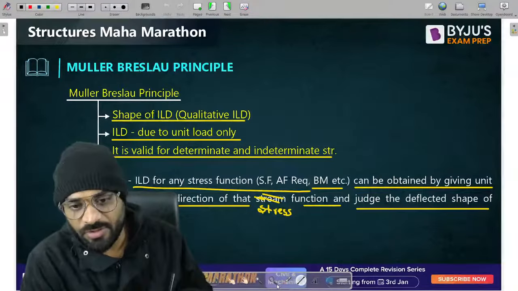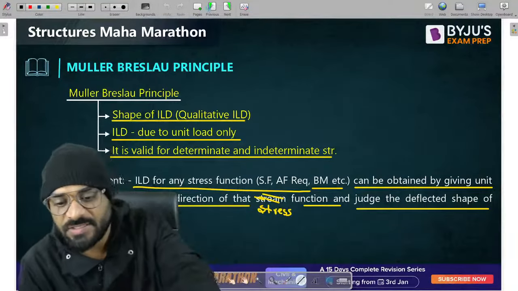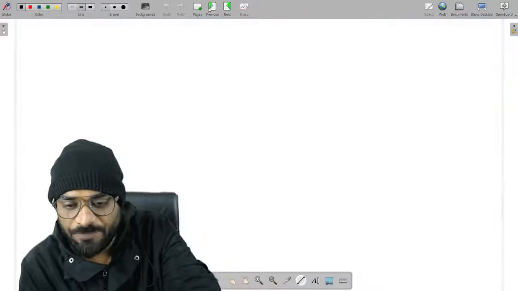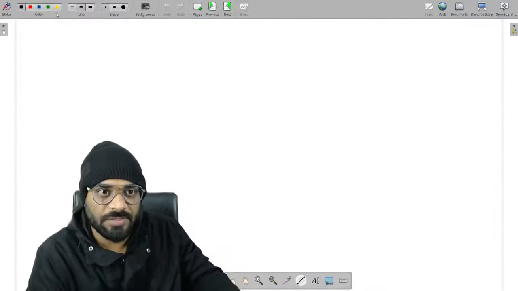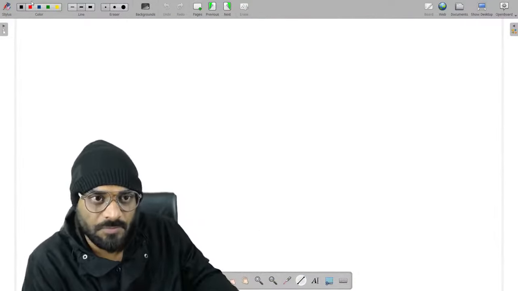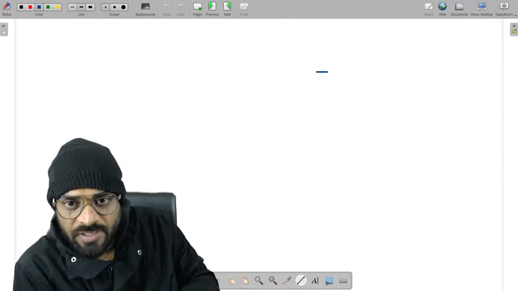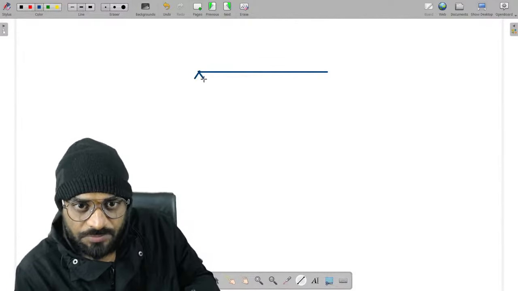Okay, you are not able to draw the diagram. Let's discuss it in little bit detail. Okay, let me explain. Shiva, listen, and other students also.